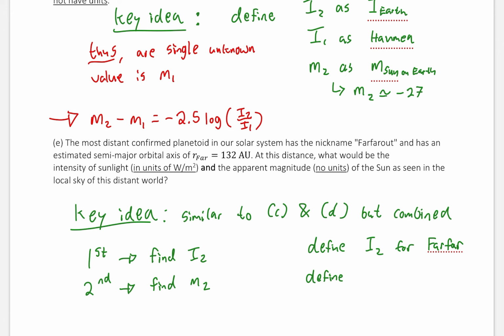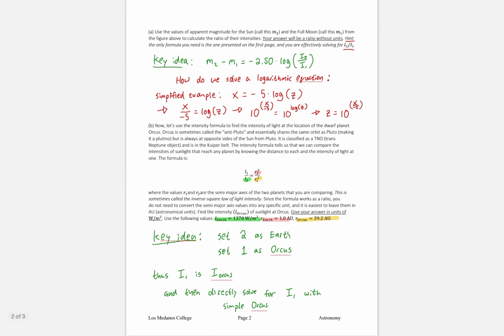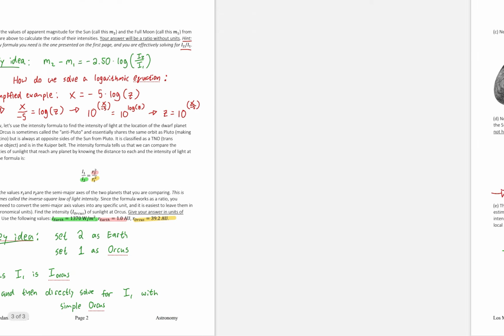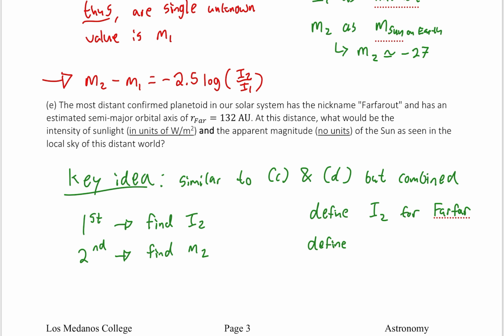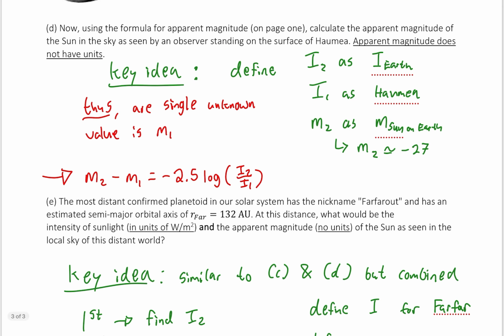Actually, do I want to do 2? I tend to mix them up, so I want to make sure I'm doing it correctly here. I actually want to define I1 for far, and then solve for all of my, let's see. So if I'm defining I2 as Earth, okay, yeah.